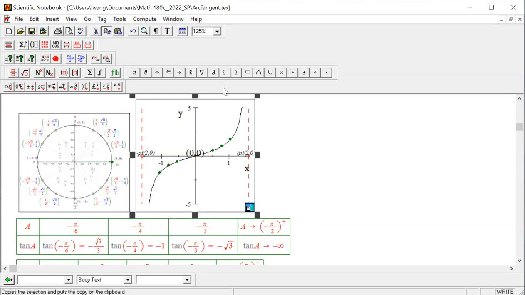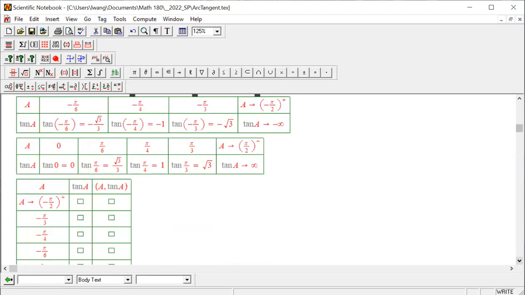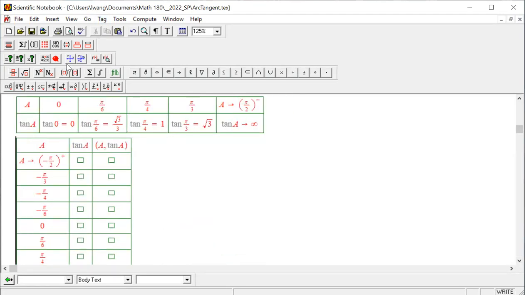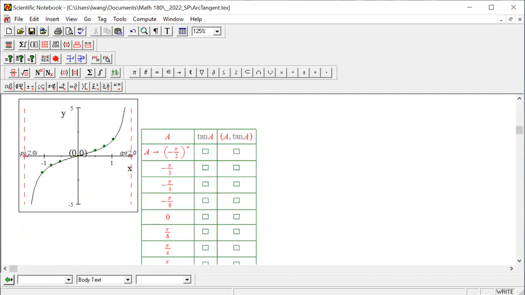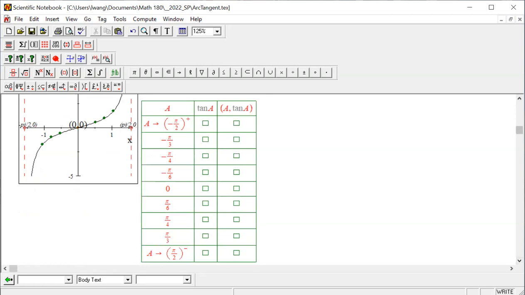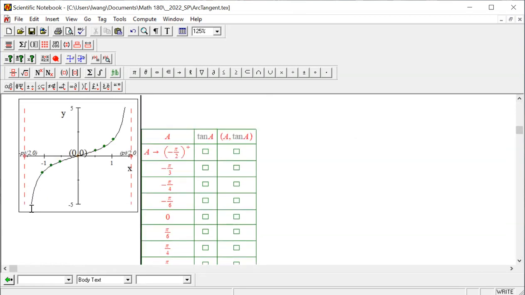Okay, so let me see if I can fit this picture right next to it. Okay, so what we have selected is from left to right, selecting all these points. This is an increasing function. It is also a one-to-one function. It has an inverse.